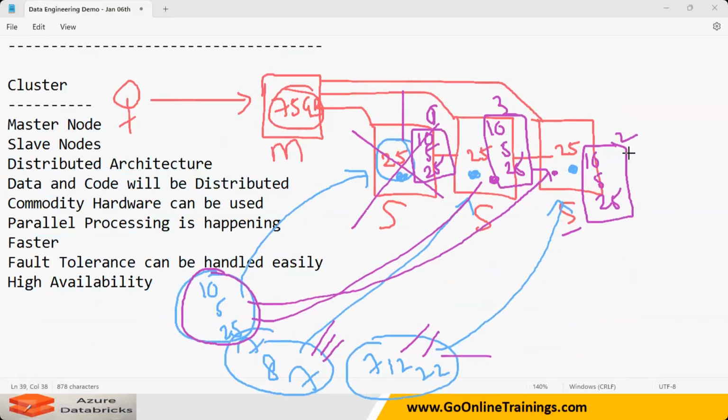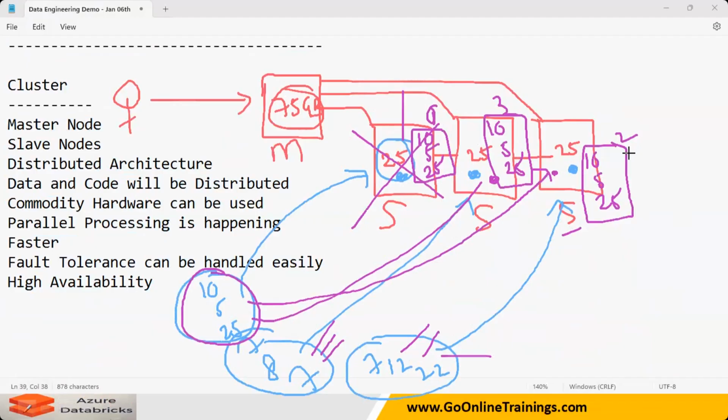Clear? So the cluster is going to maintain three copies of the data. What is the meaning? If you give 1 TB of data, it will replicate it thrice, so it will become 3 TB of data. It is not for processing, but it will be kept. Why will it be kept? If some machine is suddenly not working, I should not be worried.